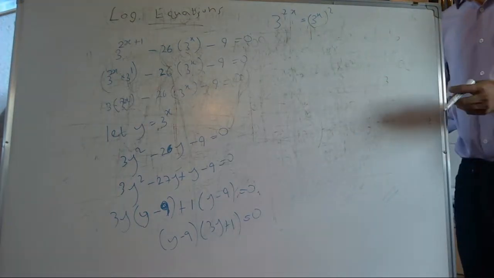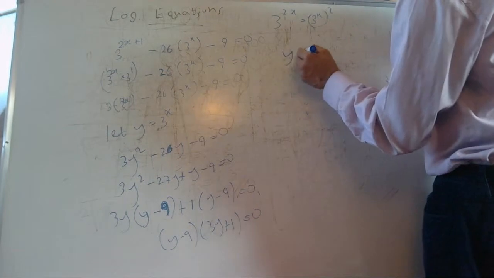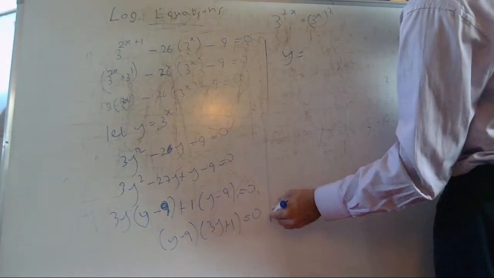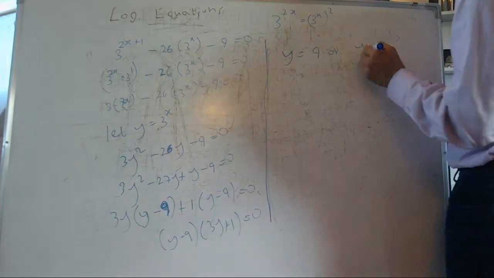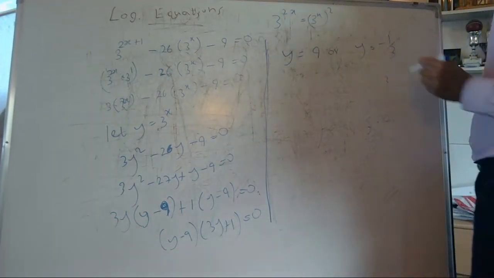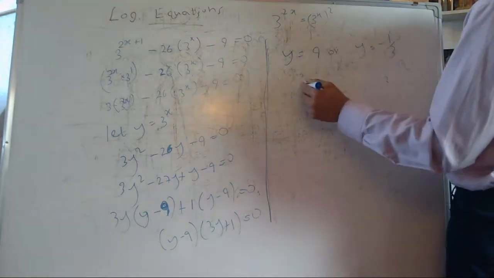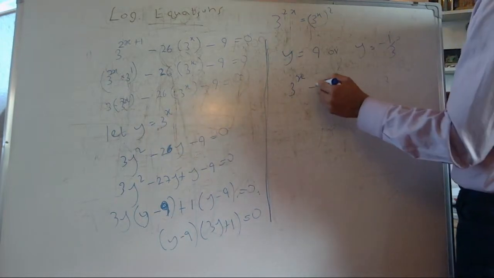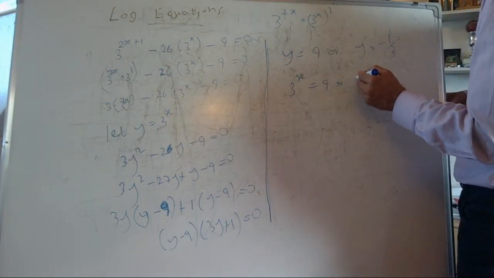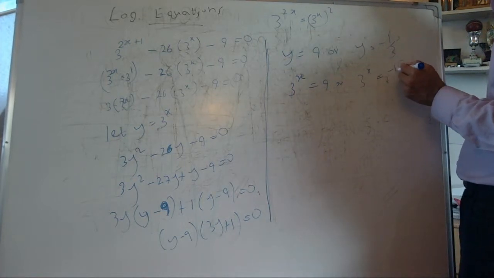Okay. So we have y equals 9 or y equals minus 1/3. So we have two potential solutions. So that means 3 to the x, because remember y is equal to 3 to the x, so 3 to the x equals 9, or 3 to the x equals minus 1/3.